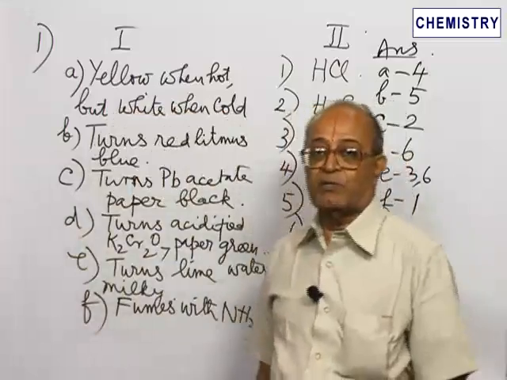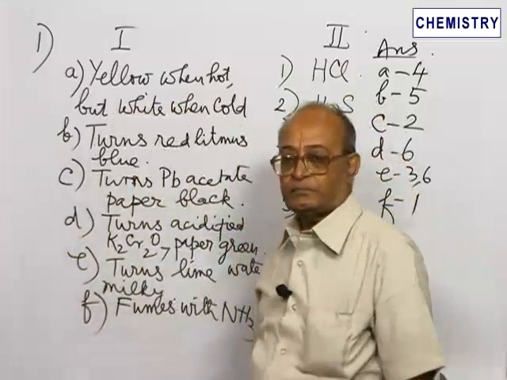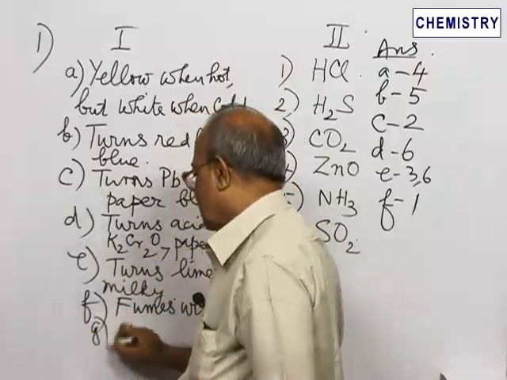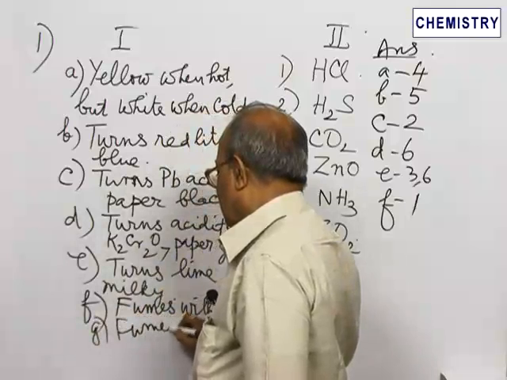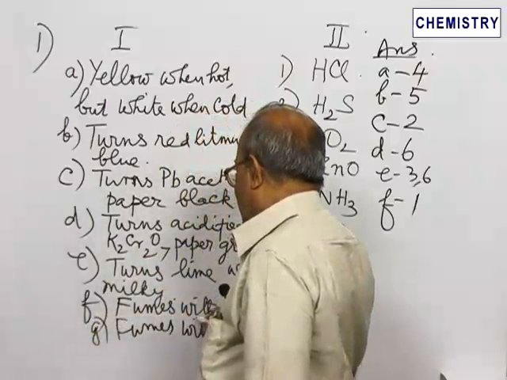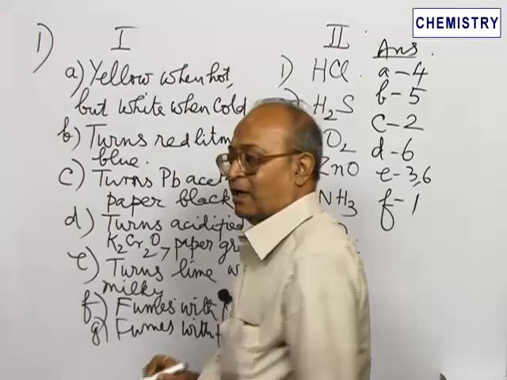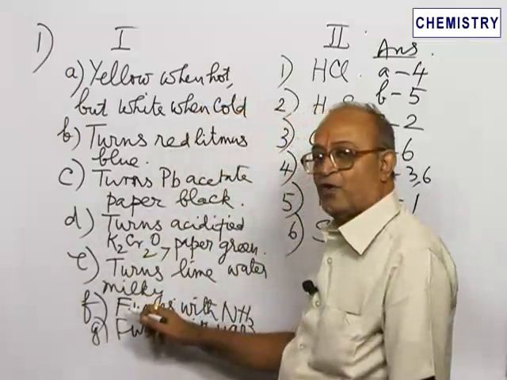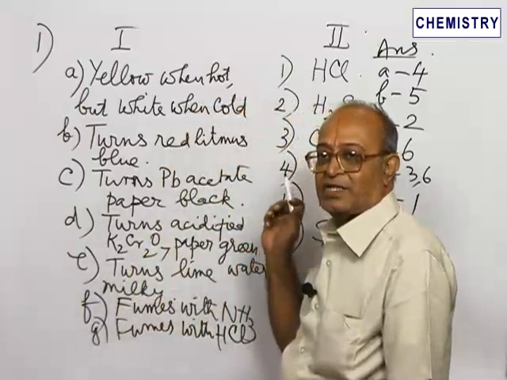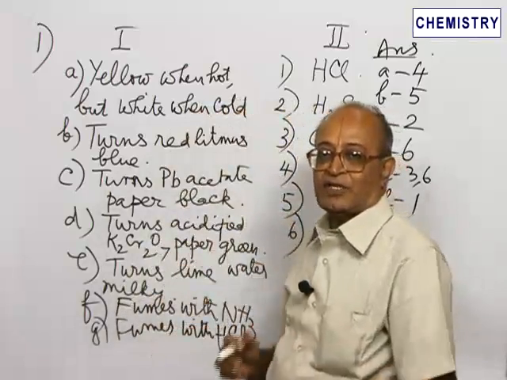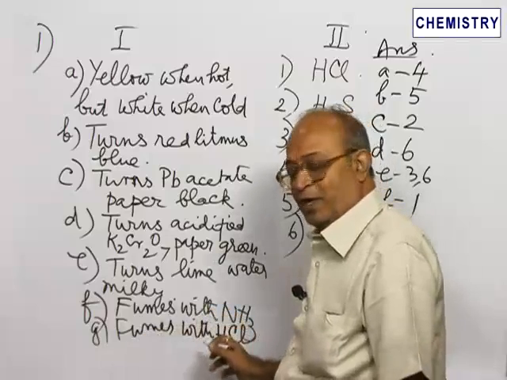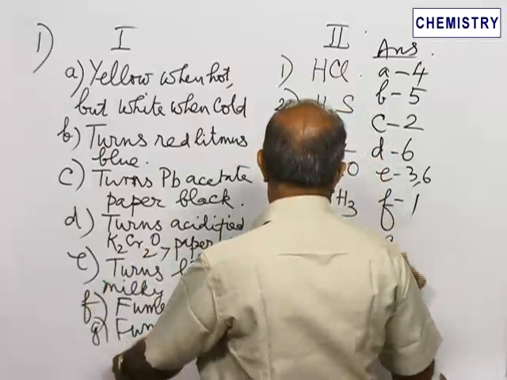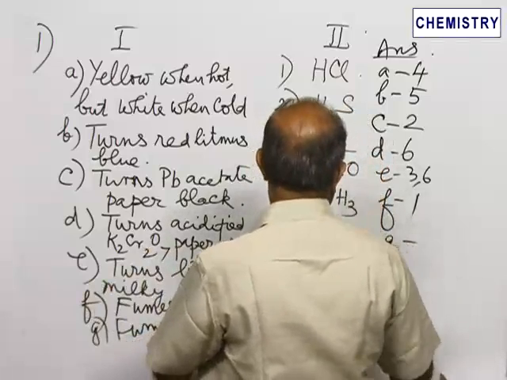Please also remember, suppose I give another reaction, G fumes with not ammonia but HCl. F is fuming with ammonia, answer is HCl. Just reverse it. The gas fuming with HCl is ammonia. Therefore, if I include that for this, the answer is ammonia 5.